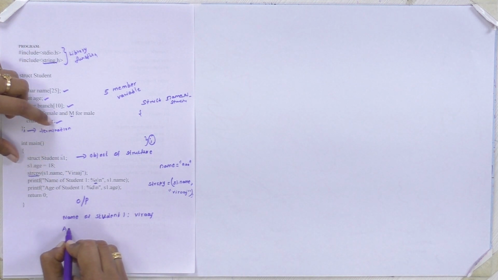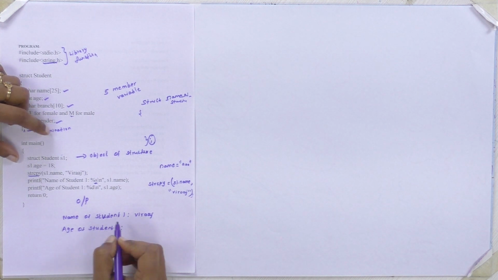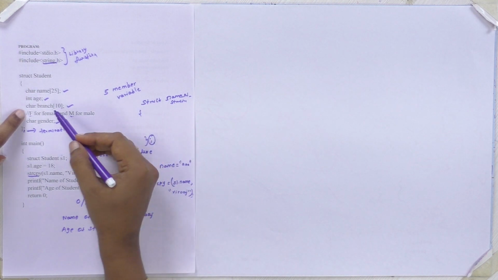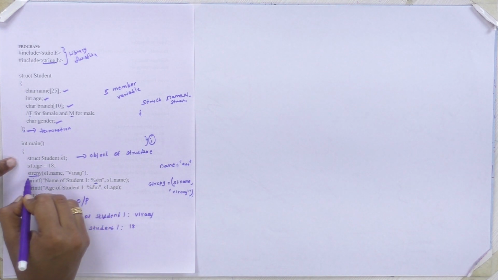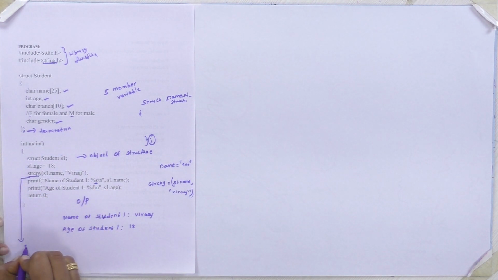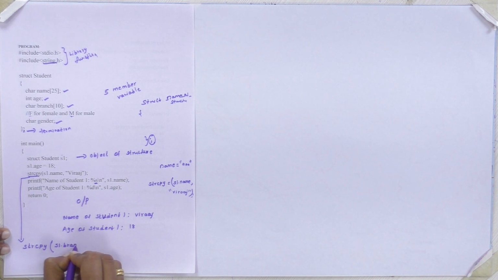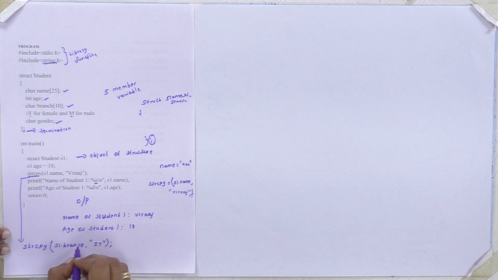Next, age of the student. The age will be 18. So like that you can declare the branch. Branch is a character array, so you have to use strcpy. So insert this line: strcpy, s1 dot branch, comma IT. So here the s1 dot branch variable stores the value IT.